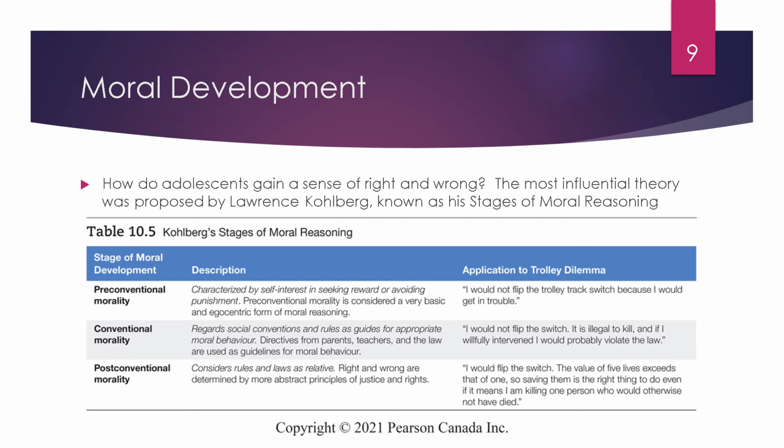And their reasoning would be the value of the 5 lives exceeds that of the 1, so saving them is the right thing to do, even if it means I'm killing one person who would otherwise not have died. So in their mind, it doesn't have to do with the law, it doesn't have to do with self-interest, it has to do with the greater good. And so that one is the highest level in terms of what Kohlberg believed that you can obtain with respect to your moral reasoning abilities.